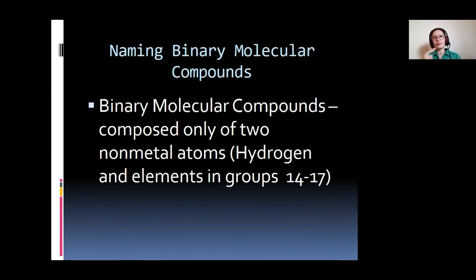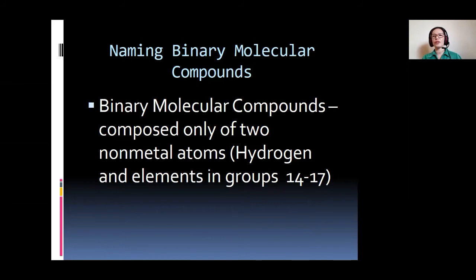Now, what about binary molecular? So, a while ago, we talked about binary ionic and ternary ionic compounds. This time, we have binary molecular. So, these compounds, their smallest particle is actually a molecule.